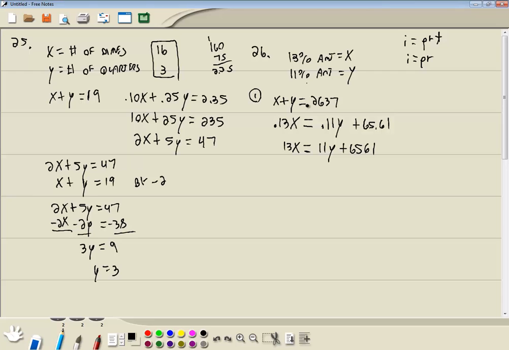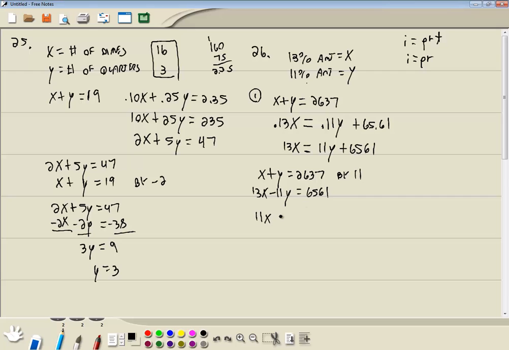Trying to think which would be the easiest method. I'm going to use the addition method just because I like it better. So I got x plus y is equal to 2637. Here I'll take that 11y over, so we got 13x minus 11y equals 6561. I'm going to eliminate the y's, so I'll multiply the first equation by 11.